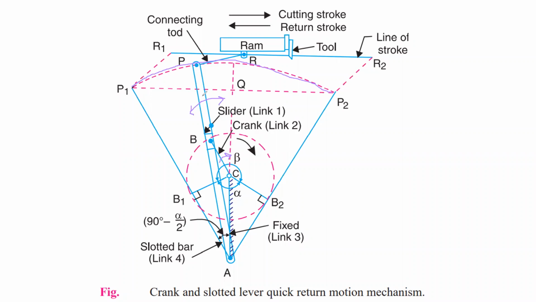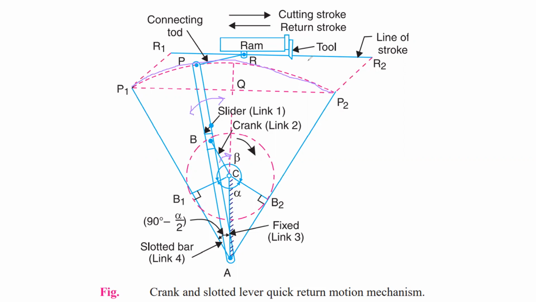So when this oscillating lever oscillates, the cutting tool will reciprocate in the given straight path, and by the reciprocating motion of the tool, you can cut slots in metal sheets. When it reciprocates, it will do the cutting operation also.